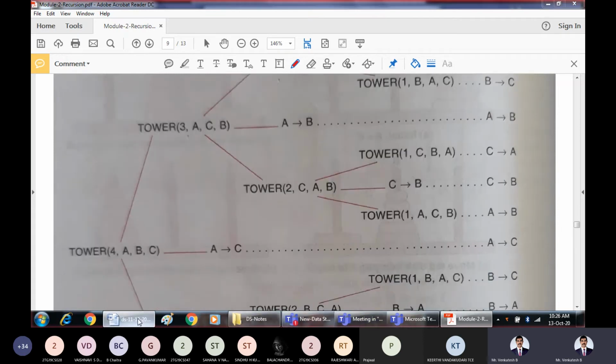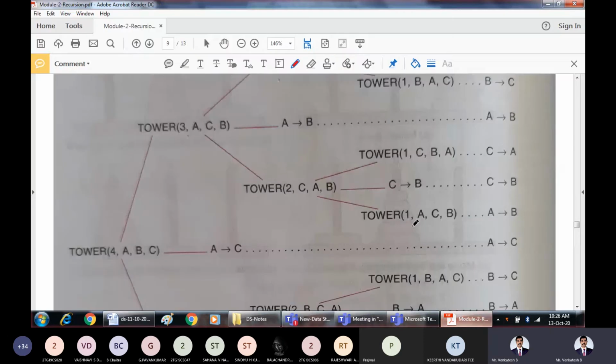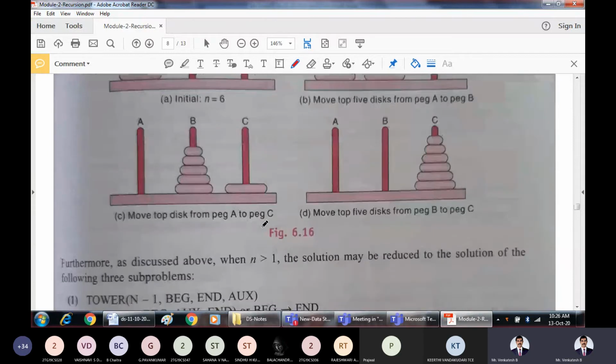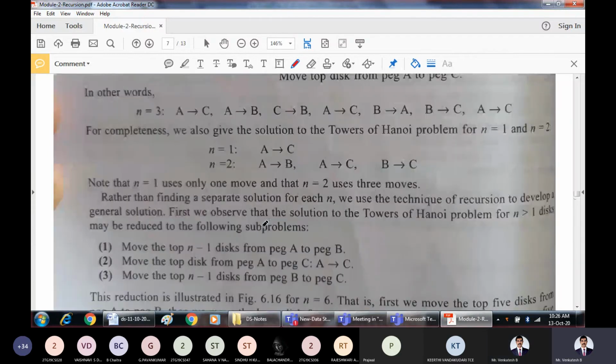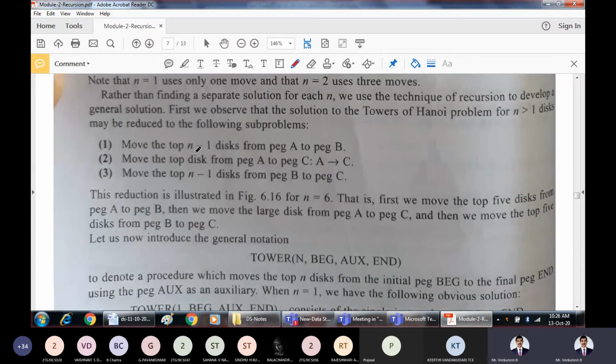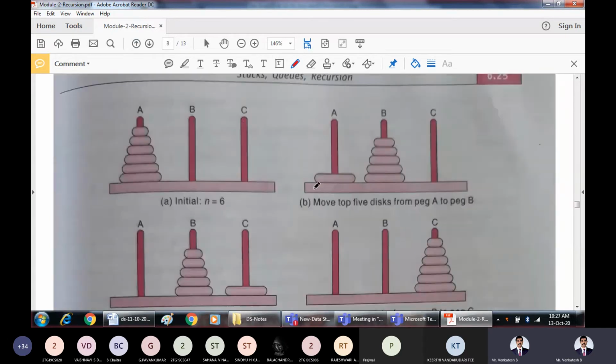Move the top n minus 1 disks. I'll show you those 3 steps. Please remember this as I say. What is the first thing? Move the top n minus 1 disks from A to B, then 1 disk from A to C, then n minus 1 disks from B to C. This simple procedure you have to follow always.